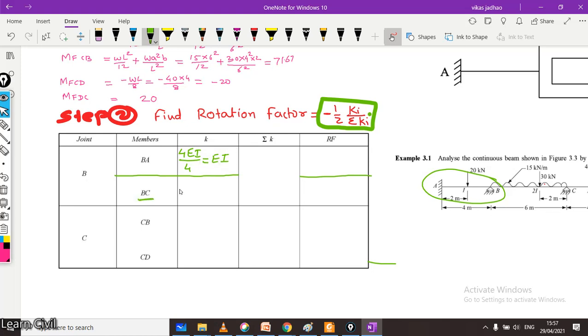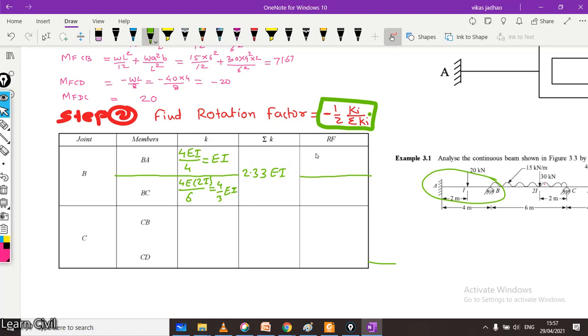Similarly for BC, the stiffness will again be equal to 4EI upon L, but we have here I equal to twice I, therefore 4 into twice I divided by L is 6 meter, so this will be equal to 4 by 3 EI, or 1.33 EI. So summation of stiffness, summation K, will be equal to 1 EI plus 4 by 3 EI, that will be equal to 2.33 EI.